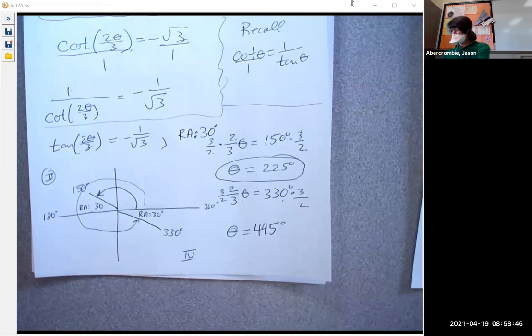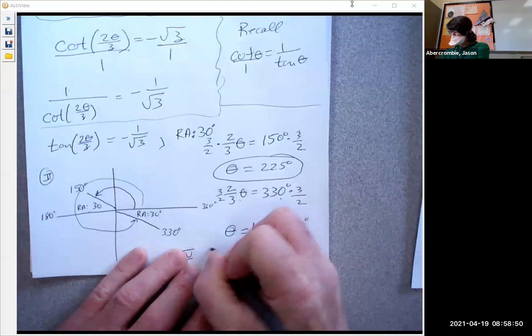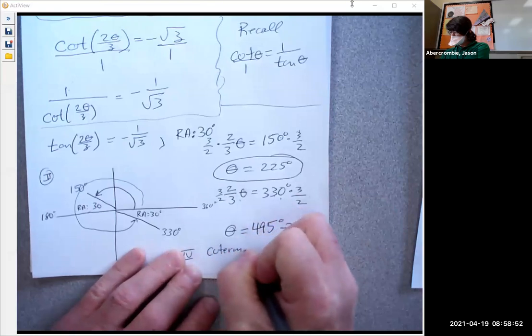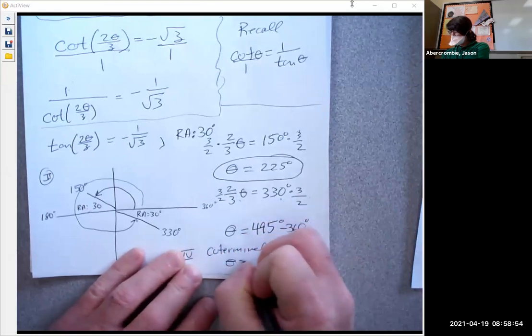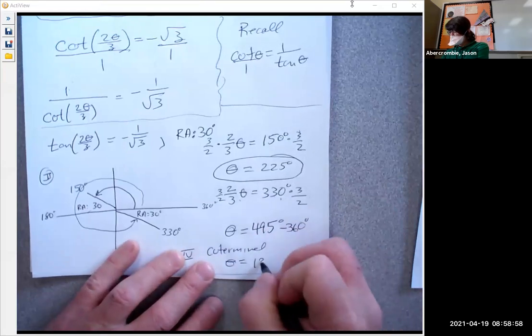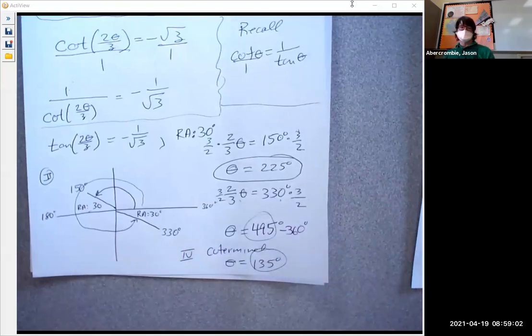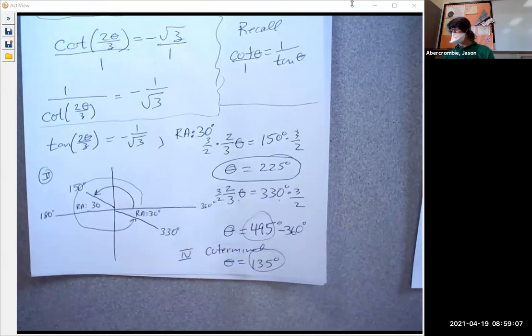Is that right? Because this would be a coterminal angle. If you take off 360, you get 135. So this and this are the same. They're coterminal. So I'm going to say 225 and 135 are going to be my answers here.